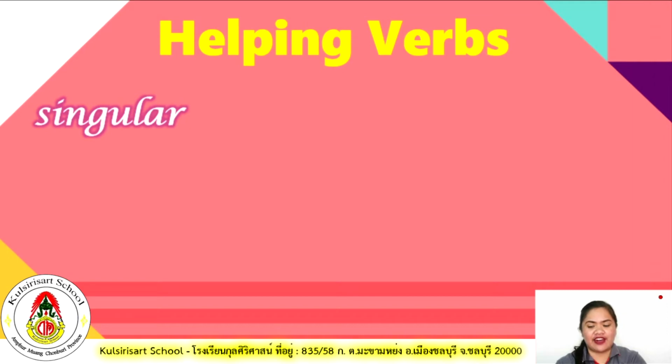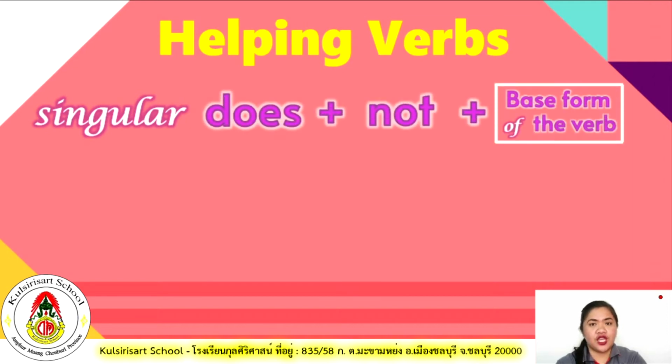So, next is the singular form of contractions. We have here the word does not. Does plus not plus base form of the verb. But if we are going to use the contractions, class, remember when we talk about contractions, we are going to omit something by combining it. We have here does not or doesn't. Okay?